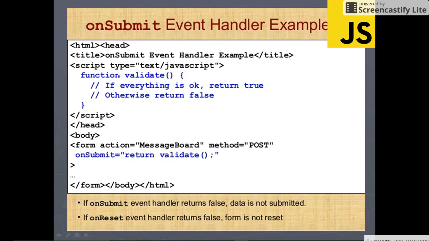In the body tag of the HTML page, we have a form which performs an action, message board, using method post, and when on submit is performed, meaning when a user submits the form, it calls the method validate and the output generated through this method is returned to the user. So this is a simple way of defining it.